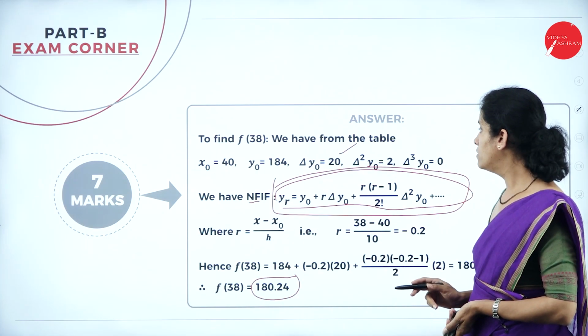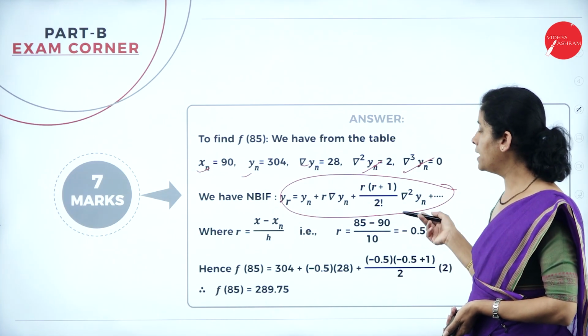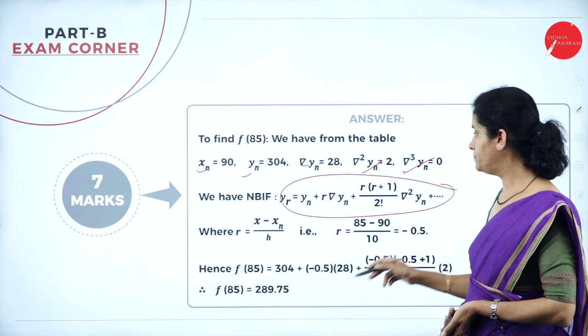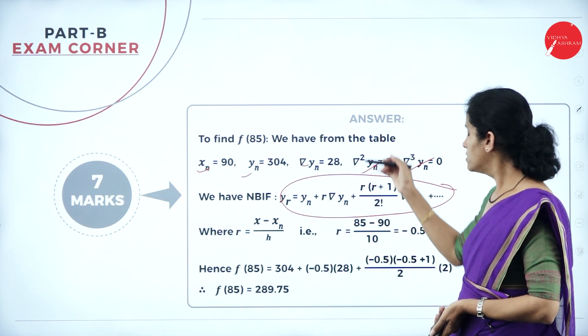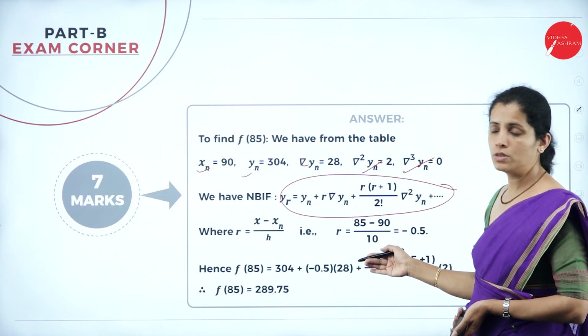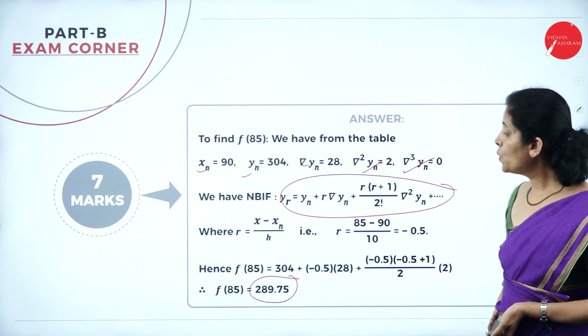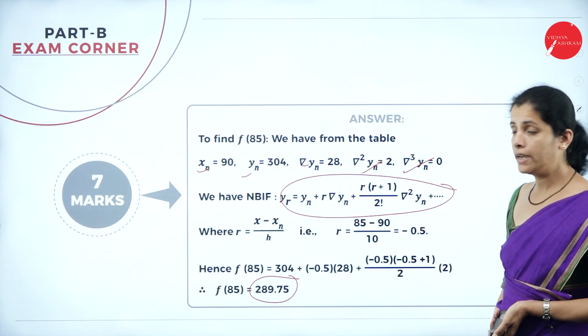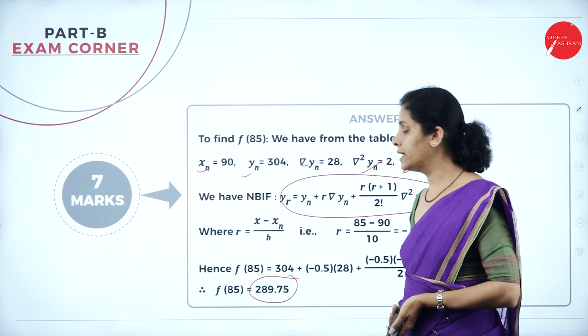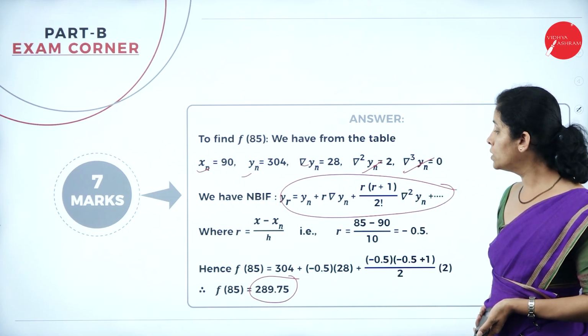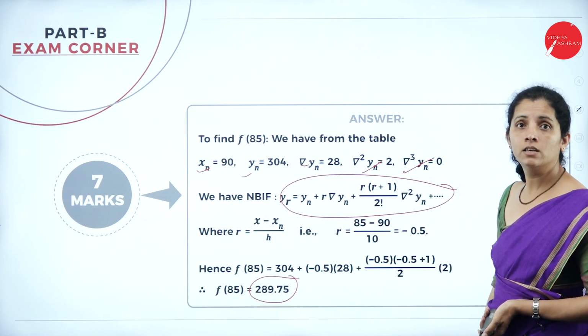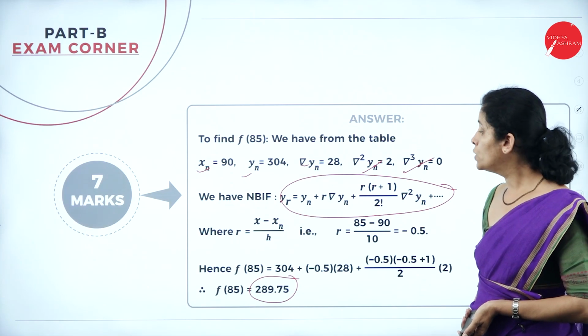Now substitute all the values and find the answer. So, for f of 85, I'm going to get the answer 289.75.